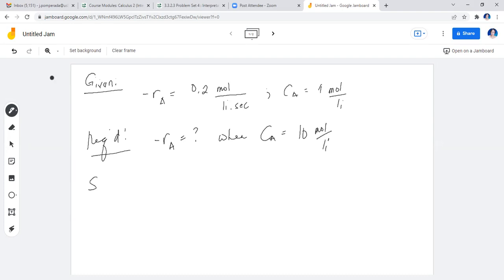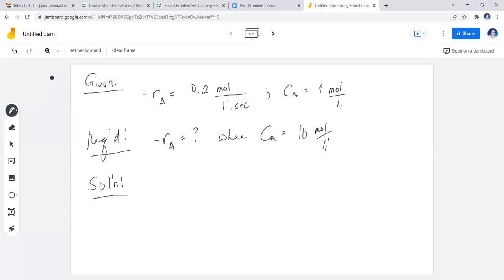It's noted in the problem that the order of the reaction, n, is not given. So how would you start solving this problem wherein you don't know n, but you're given a pair of information that you can use in determining the rate that is being asked? Do you have any suggestion?